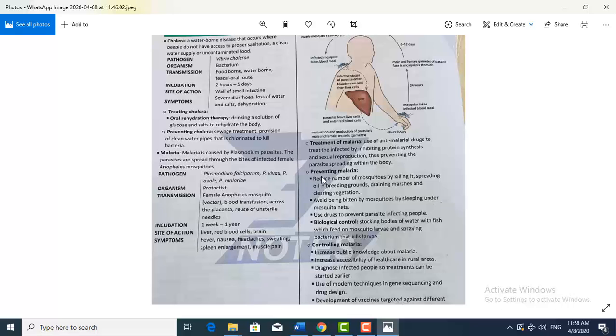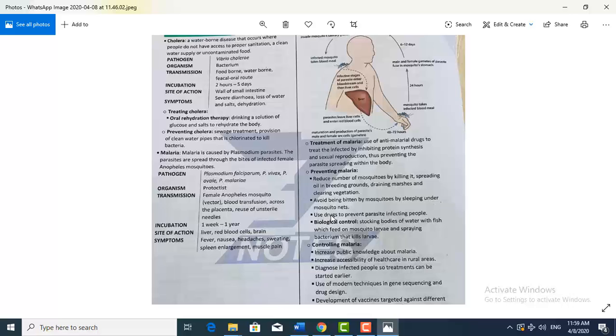Preventing malaria. How do I actually prevent malaria? By reducing the number of mosquitoes, by killing them or spreading oil in breeding grounds, draining marshes and clearing vegetation. Or avoid being bitten by a mosquito by sleeping under mosquito nets, especially those who tend to go to countries with high humidity, like tropical areas in the middle of Africa, those kinds of jungles.